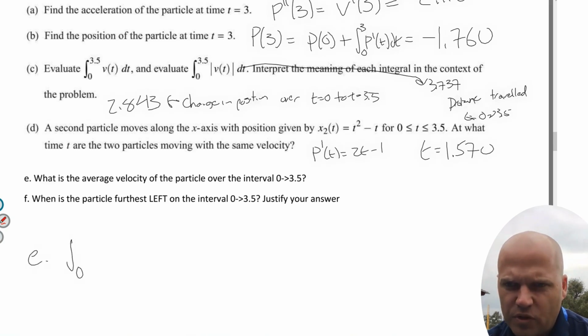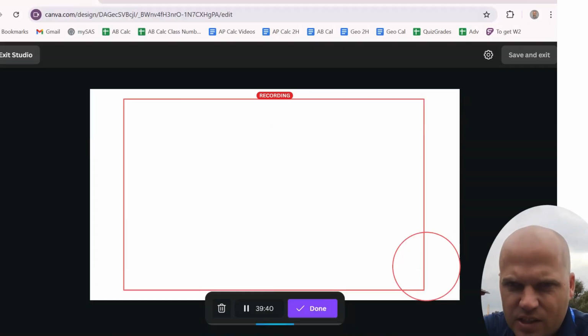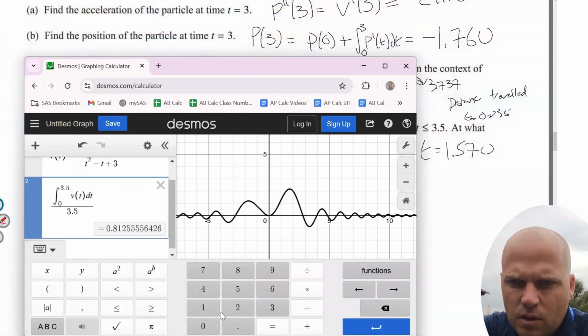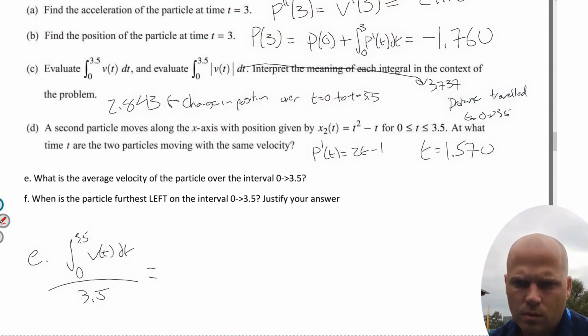You've got an integral from 0 to 3.5 of v of t, and you divide it over the interval of 3.5 seconds. 0.812. This is a truncated answer. If you round your answer, it'll be different.